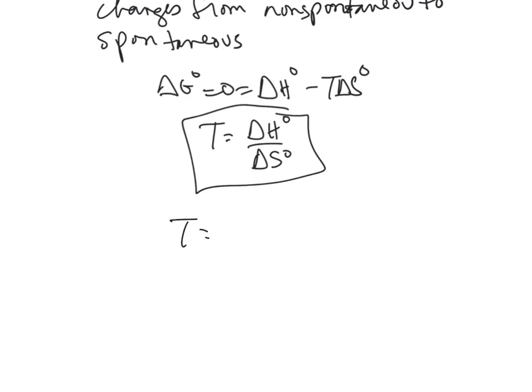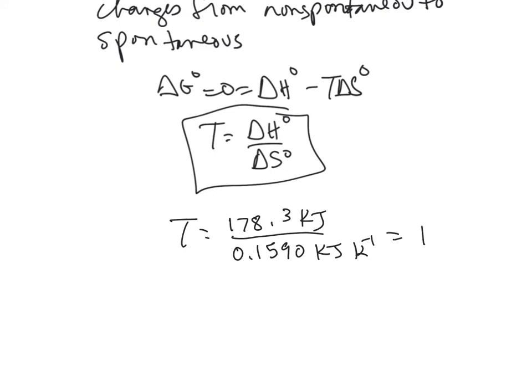So here we're going to have positive 178.3 kilojoules and divide by 0.1590 for the entropy, kilojoules per Kelvin.